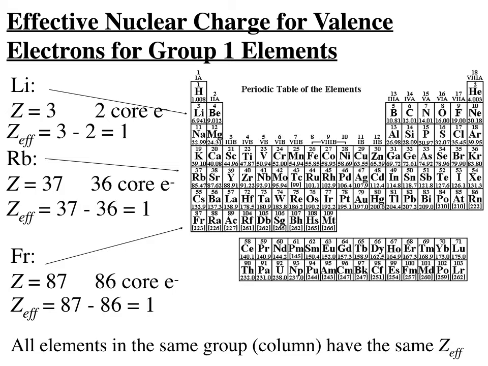But now if you went down below sulfur to selenium, it wouldn't seem as if you would get 6 for the valence electrons that are left over. If you do selenium, you would get a total of 16 for Z effective. So it seems like something weird is going on there. Let me assure you that selenium, just like sulfur and just like oxygen, has a Z effective of 6.